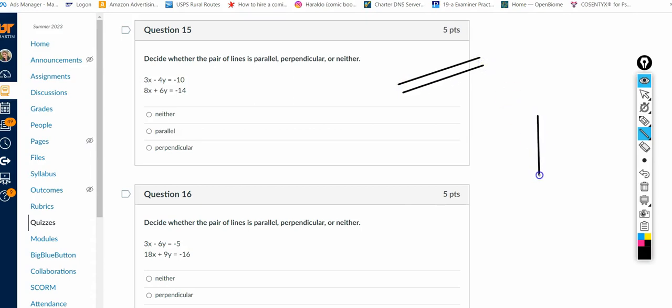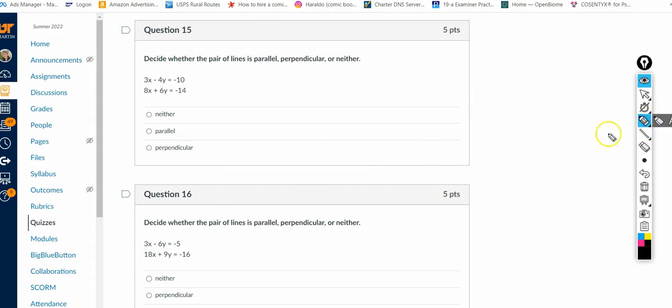Perpendicular lines have a right angle between them. Okay, so look something like that. And of course, lines that are neither do have intersection, but they don't intersect at right angles. Now, that's fine, as long as you put these in your calculator correctly. If you don't put them into your calculator correctly, you're going to get the wrong lines.